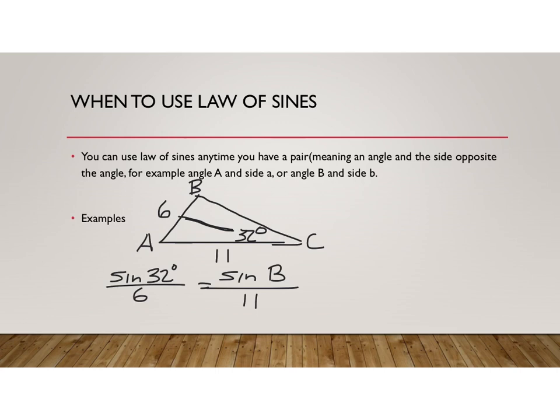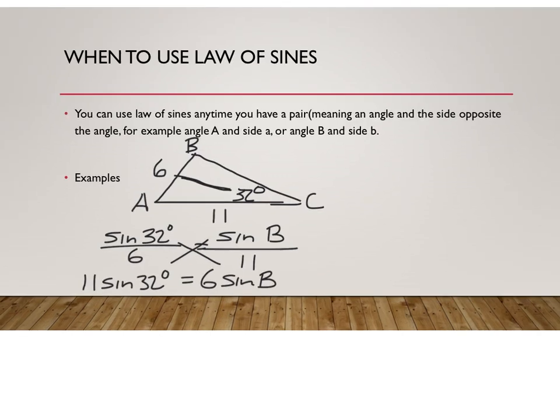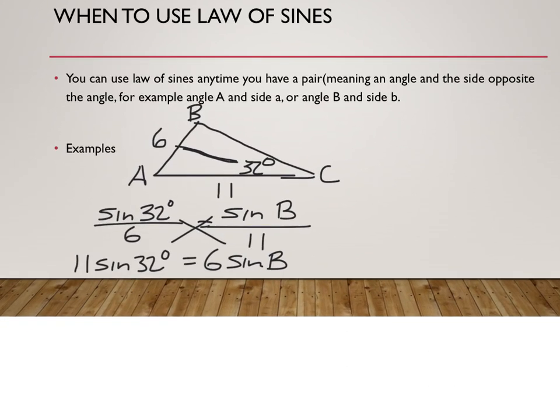Now this is a proportion. So as a proportion I could cross multiply, and so I would have 11 times the sine of 32 is equal to 6 times the sine of B. Now at this point I could divide by 6, and the sine of B would equal 11 times the sine of 32 divided by 6, which is 0.97.